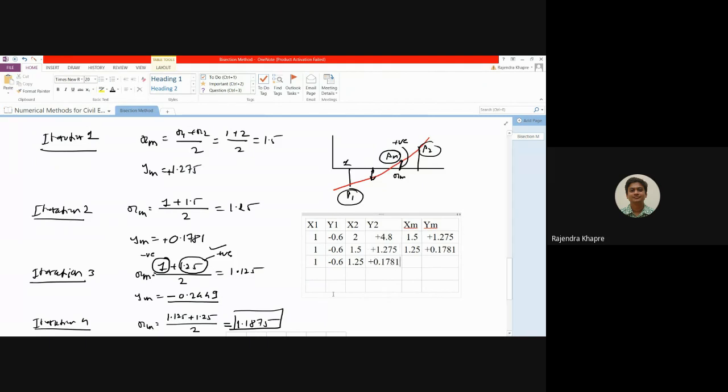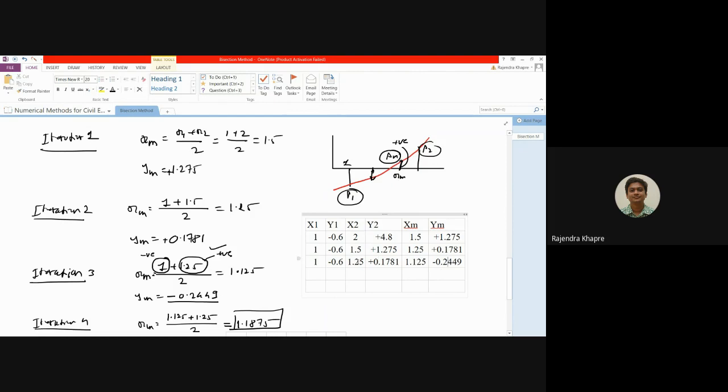See, one is negative, one is positive, so we went for bisection between 1 and 1.25, as you can see in the third iteration. After the third iteration, we obtained 1.125 and the corresponding y value is negative 0.2449. So now we have two negative values and one positive.